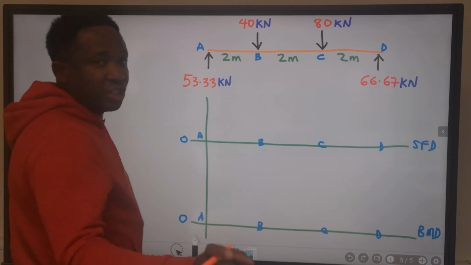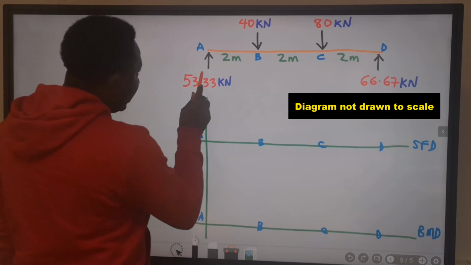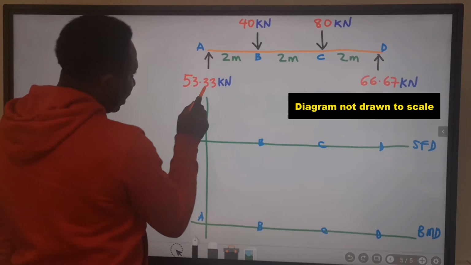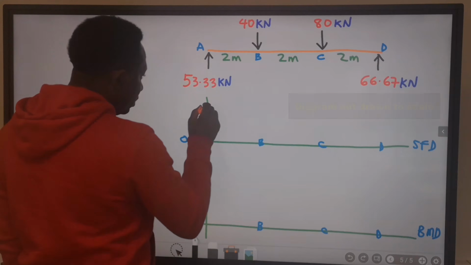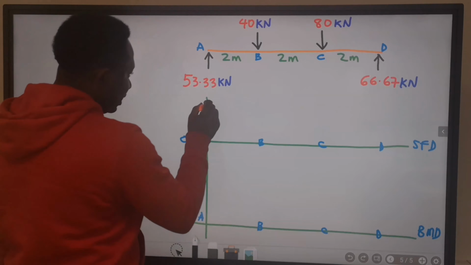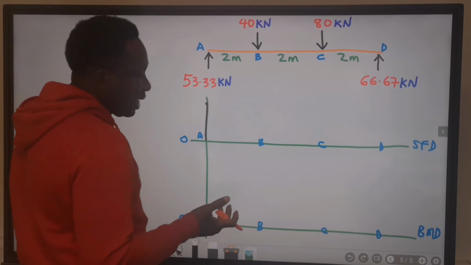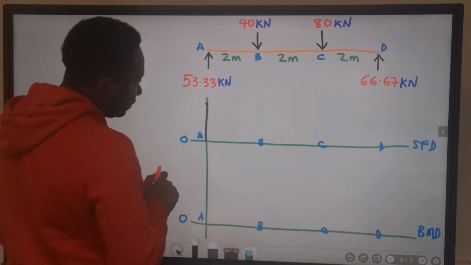This is D, and this will also be D. Next, for the shear force diagram, we're going to start from 0, and this will push up 53.33. So we are moving up to 53.33. I'm not using a graph, so this is our assumption here.